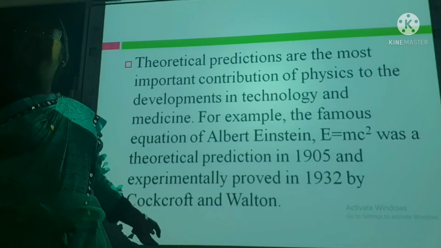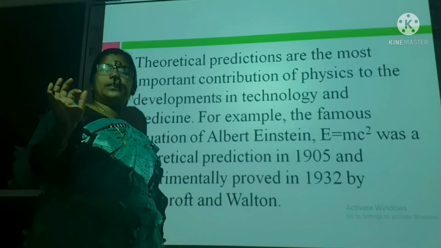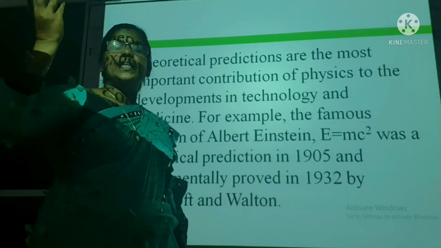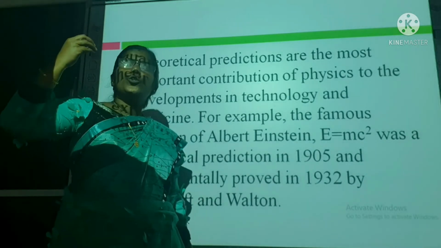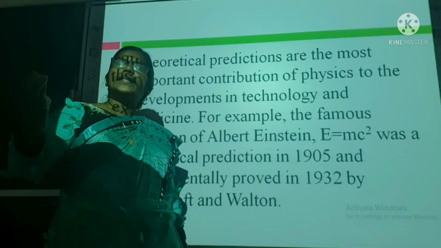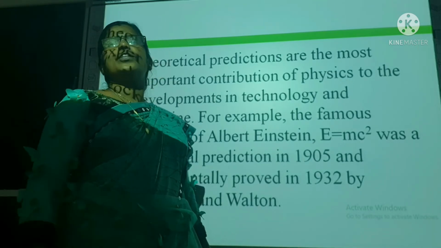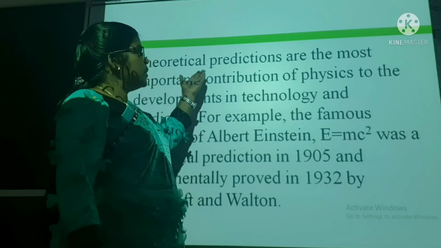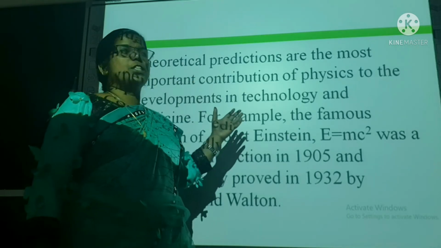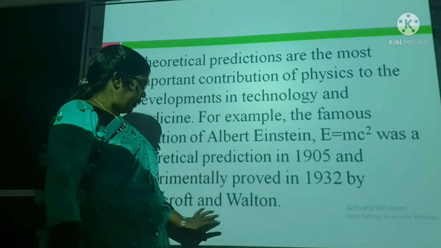Okay. So, some scientists had the ability to predict something, and that may be proved wrong or right by the course of time. So, this is very important, theoretical predictions.